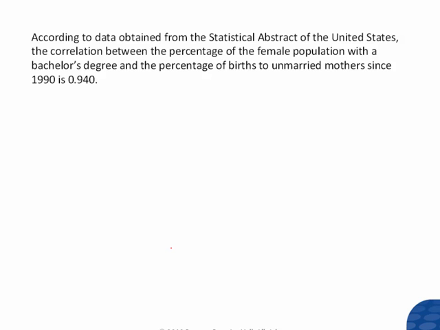Certainly a politician would not say something to that effect because it's not likely the case that the level of education that females have is in any way a direct cause of the percentage of births to unmarried mothers. Agreed? Agreed.